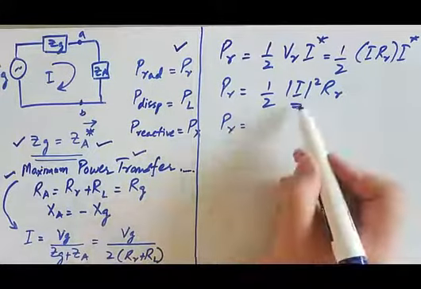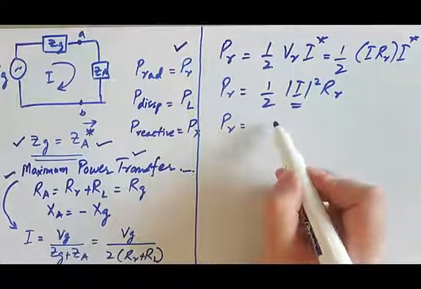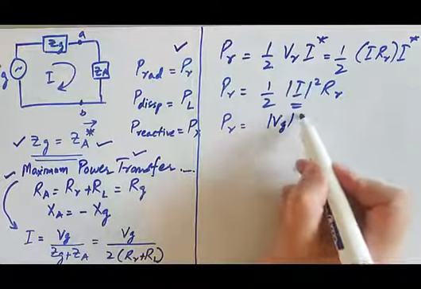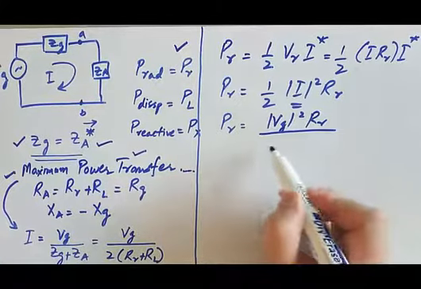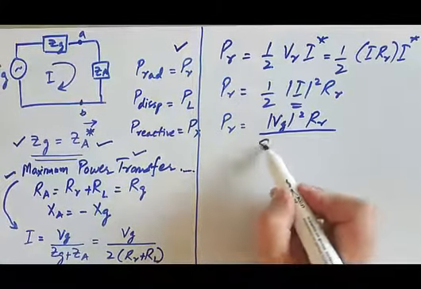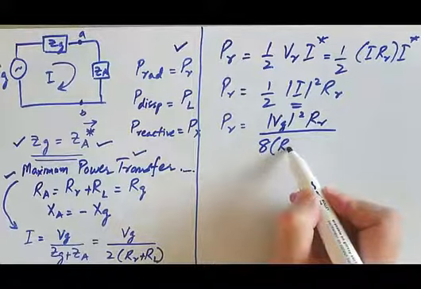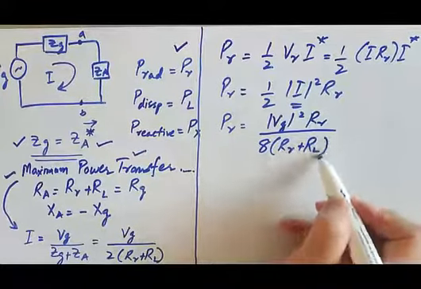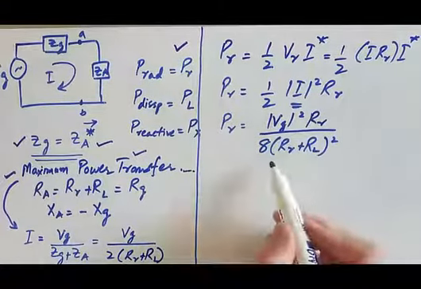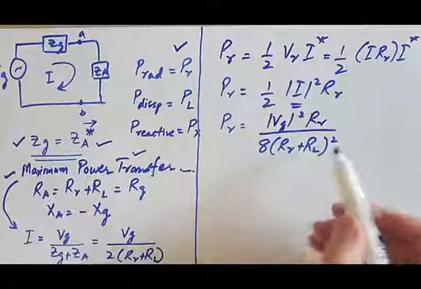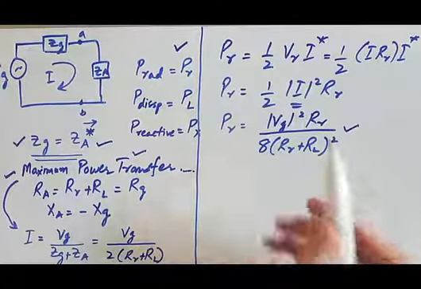Now by putting the value of I magnitude, it gives you this equation, which is Vg magnitude square into RR divided by 8 times (RR plus RL) square. So I would suggest you do a bit of calculation to find out this step, and it's easy by just putting in the value.